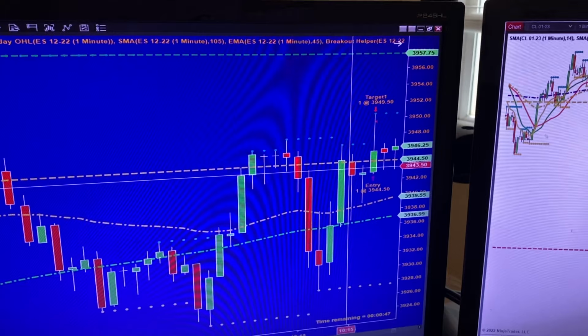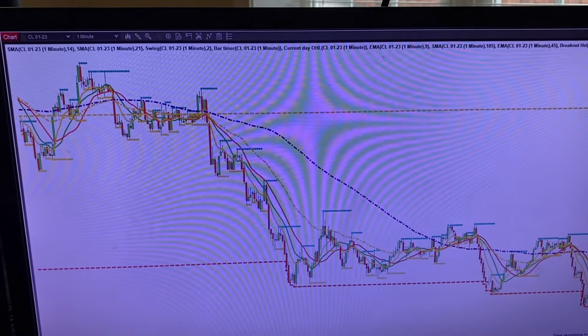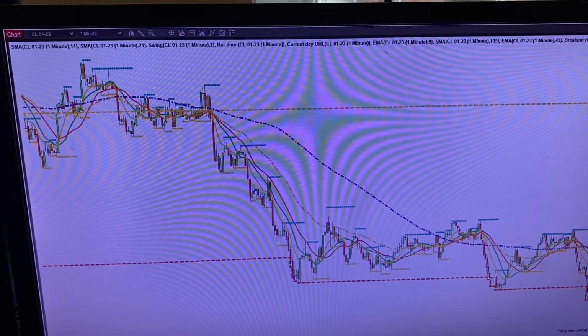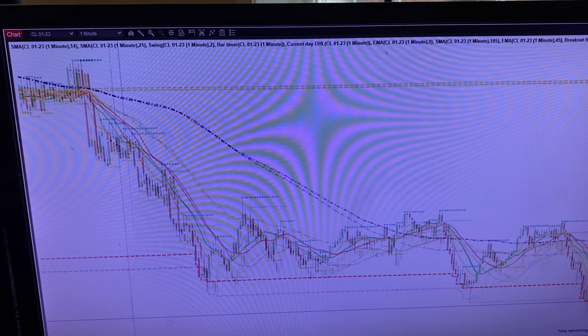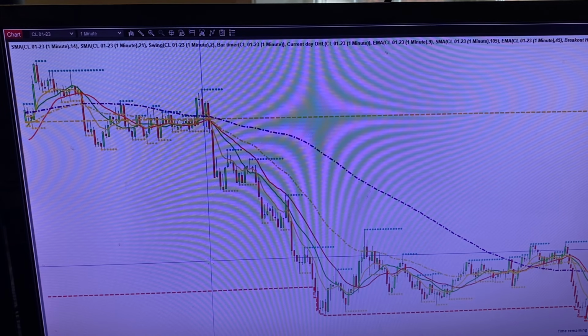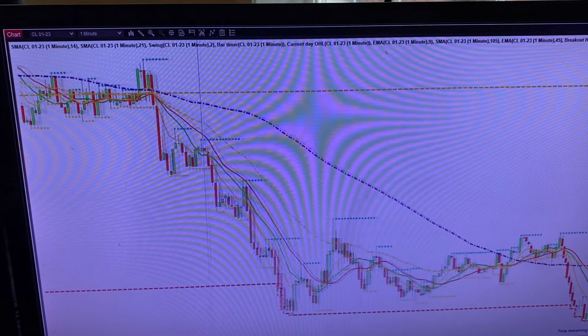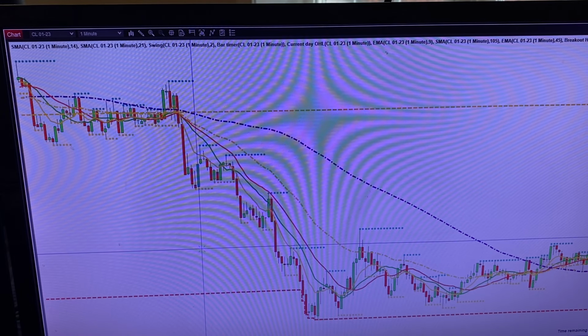Anyways, let's go and look at oil, because that's what I want to focus on. We're going to do the same thing here on oil that I just did on the ES, except we're going to do it on this white chart. I don't know if that's any better.